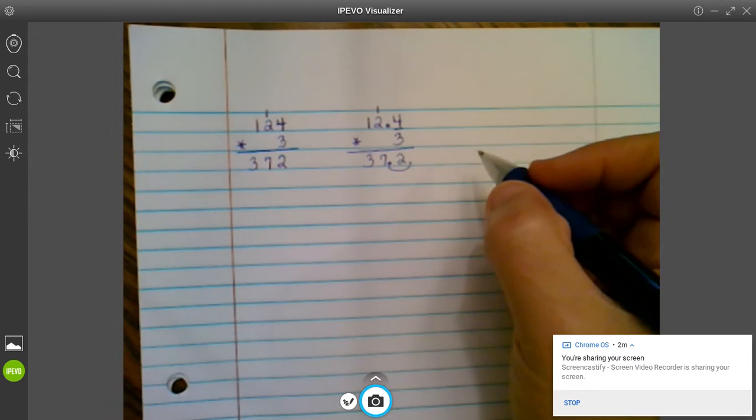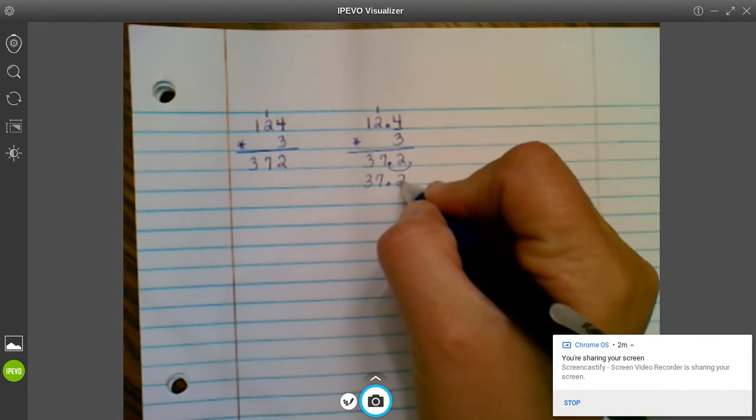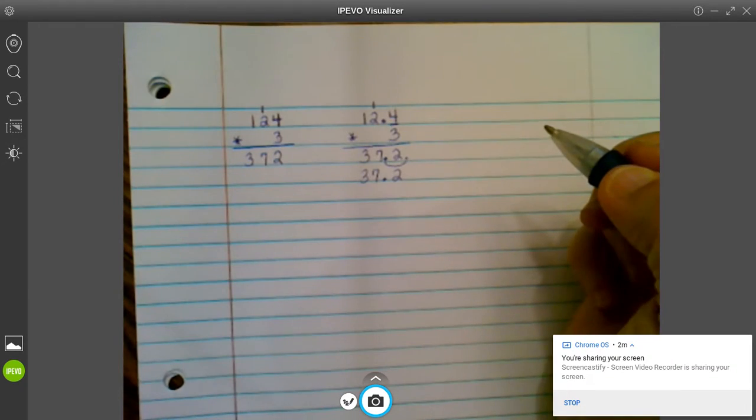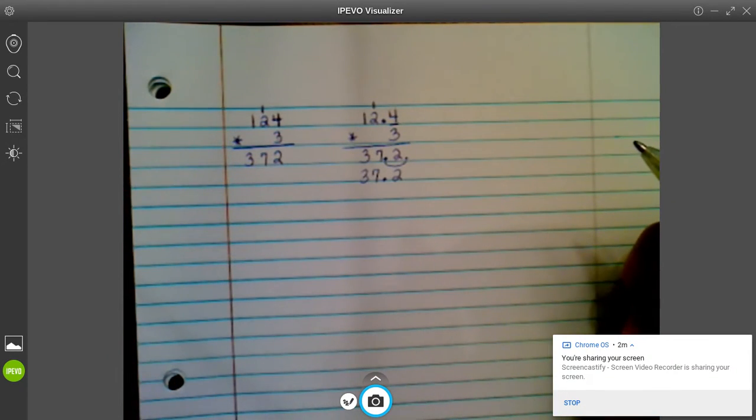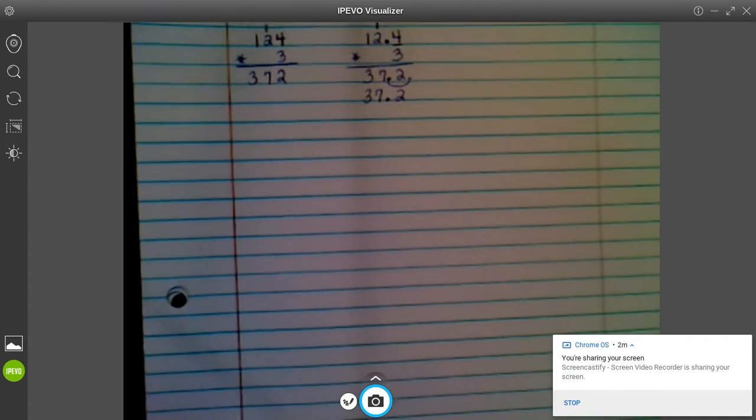So now we have 37 and 2/10. If you think about what 3 times the whole number 12 would be, that would be 36. So 3 times 12.4 is 37.2. That number makes sense.